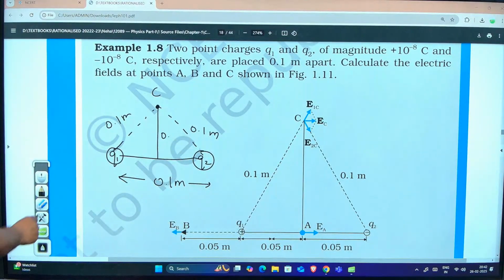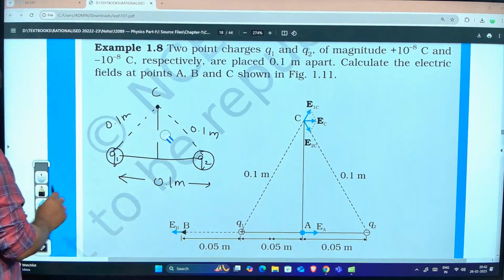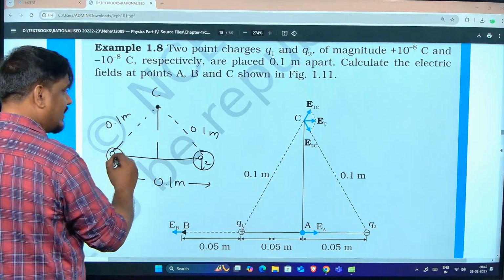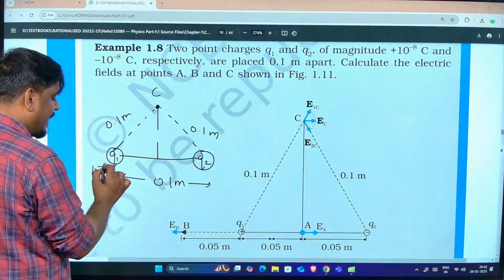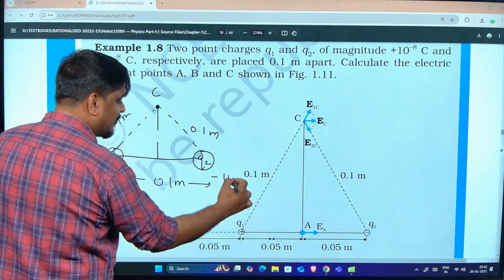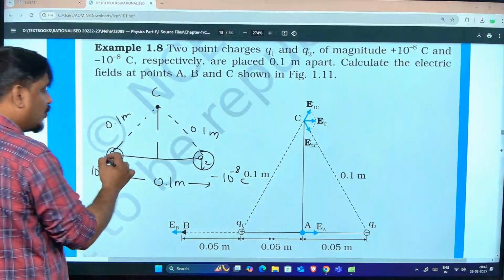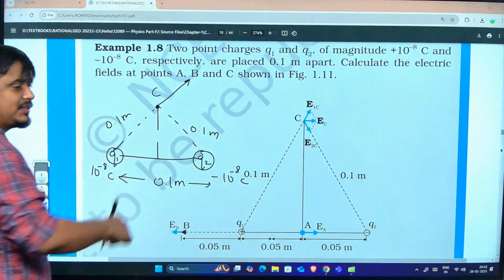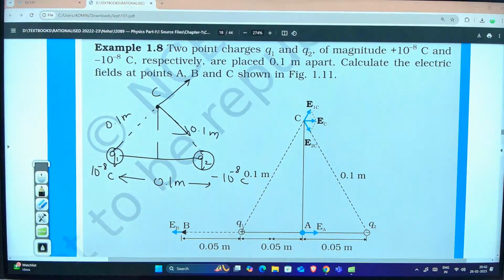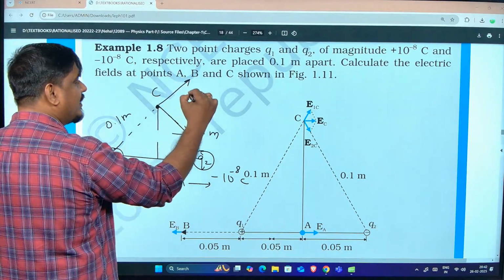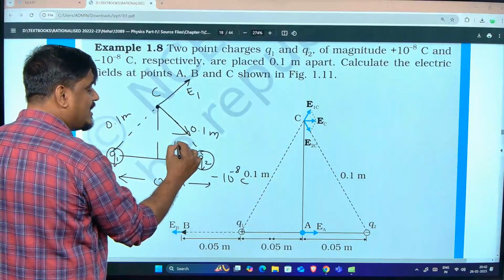So to find this value, if I keep a test charge here, Q1 is how much? 10 to the power minus 8 coulomb. Q2 is how much? Minus 10 to the power minus 8 coulomb. This Q1 will repel at this point, and this Q2 will attract at this point. This is the value of E1, this is the value of E2.